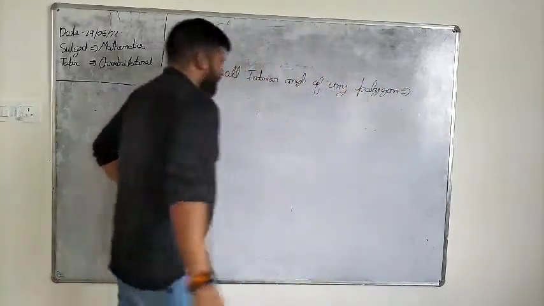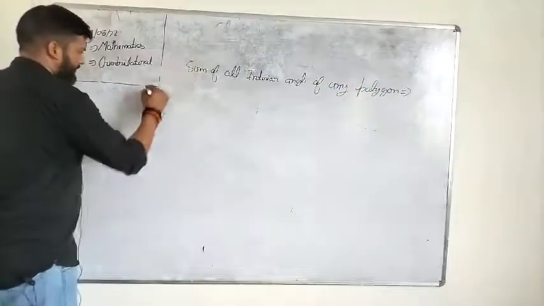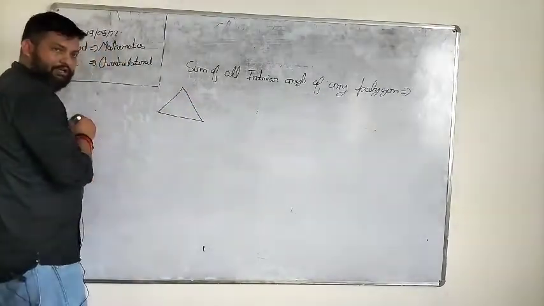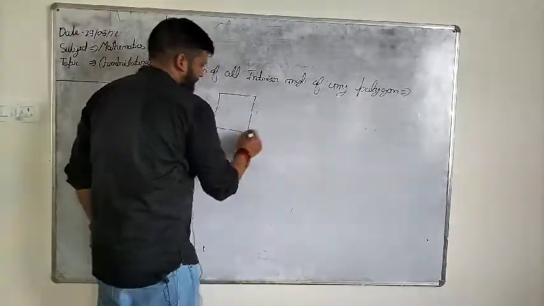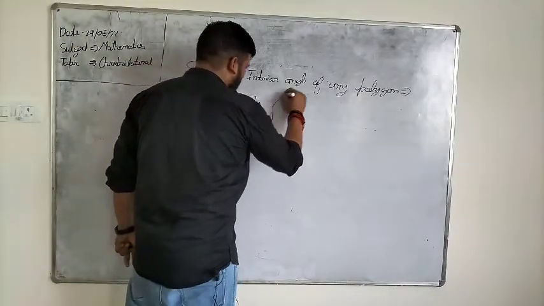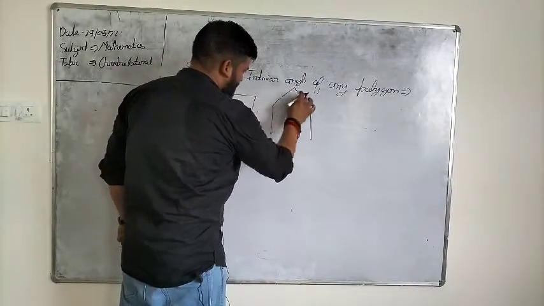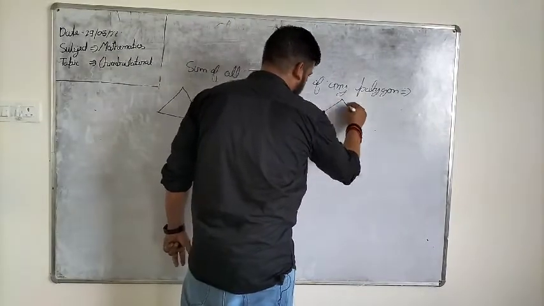So first we will start from the triangle. Now this is the triangle. Next quadrilateral. After that, pentagon, 1, 2, 3, 4, 5, and after that, hexagon.